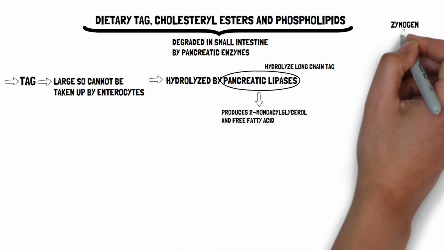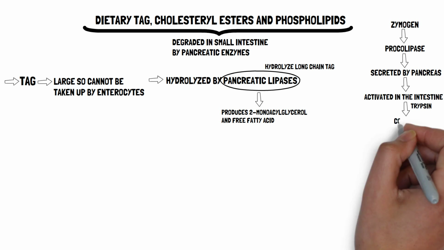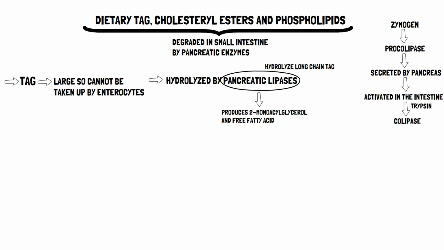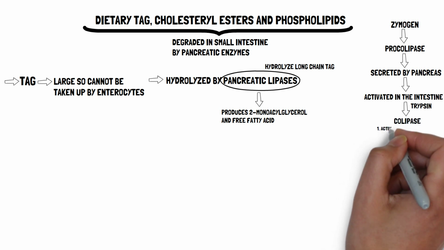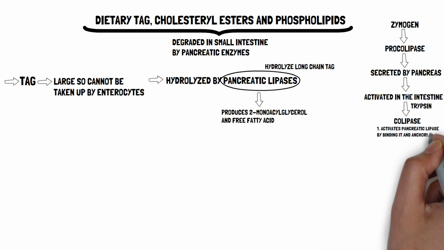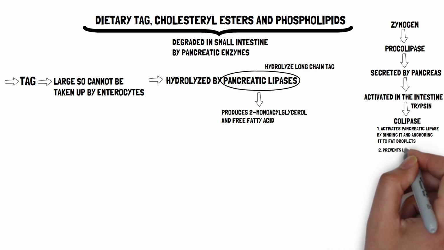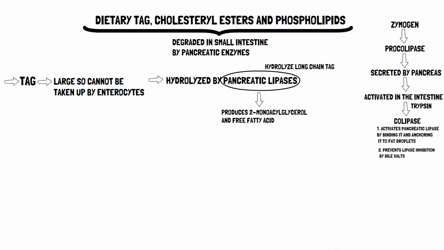A zymogen, procolipase, which is secreted by the pancreas, is activated in the intestine by the enzyme trypsin to colipase. Colipase has mainly two functions. It activates the pancreatic lipase. It binds the lipase and anchors it to the surface of fat droplets in the small intestine. Secondly, it prevents pancreatic lipase from being inhibited by bile salts.